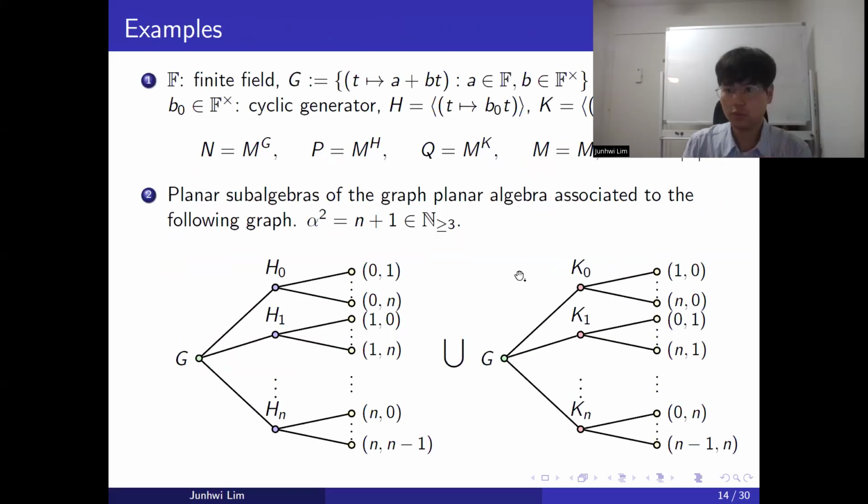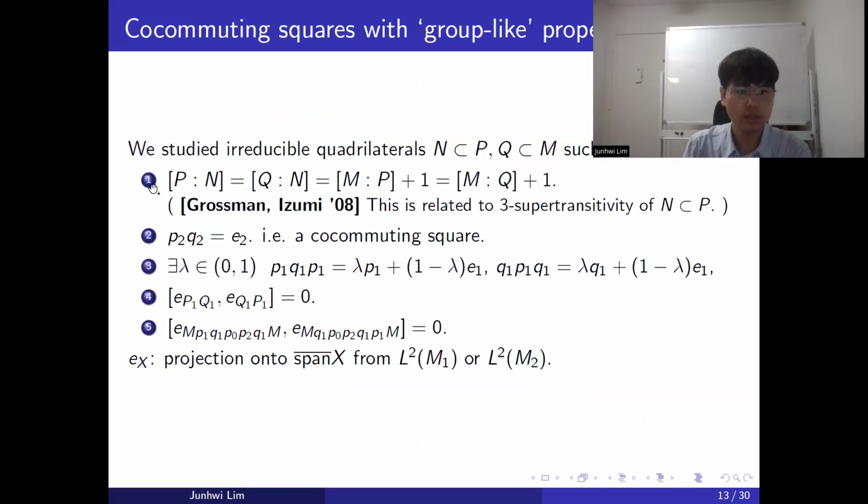So that's one of the reasons why we consider the cocommuting square. And from these examples, we extracted the other three conditions, which are conditions 1, 4, and 5. Still, there are some other cocommuting squares that do not satisfy, for instance, condition 1, and that one has a different structure than our planar algebra. Sorry, did I answer your question?